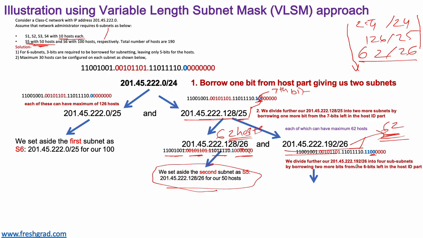So we further divide our 201.45.222.192/26 into four subnetworks, right? By borrowing two more bits from the 6 bits left in the host ID. So how many bits will be left? Sorry, it's 4 bits.